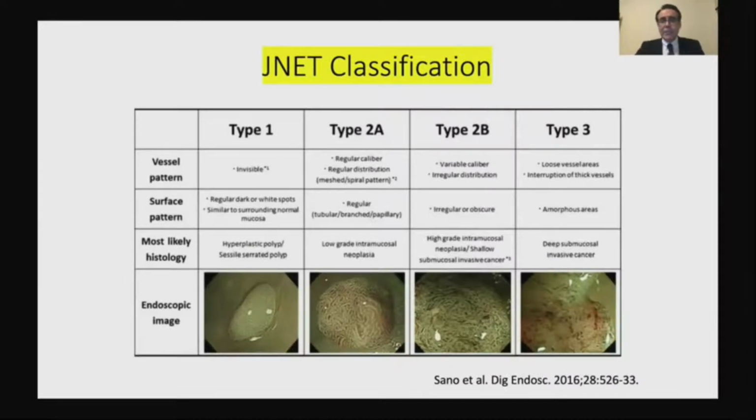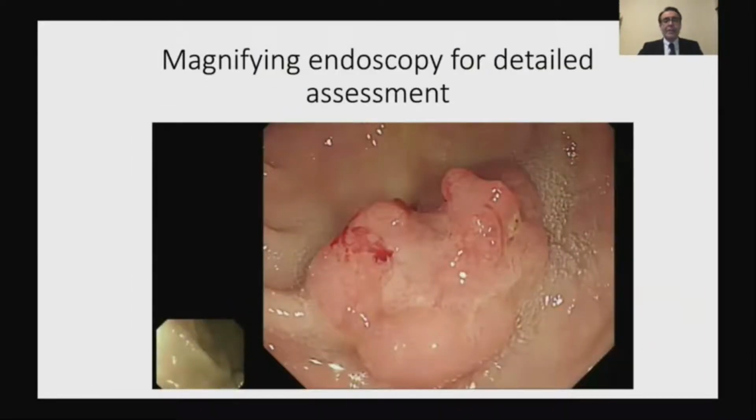And for this purpose, the JNET classification, the Japanese classification, is trying to find subtle changes which tell us if the lesion has an invasion deeper than 1 millimeter, 1,000 micra or less. That is one of the factors which will determine if the lesion can be removed endoscopically. So they look very carefully at the vascular findings.